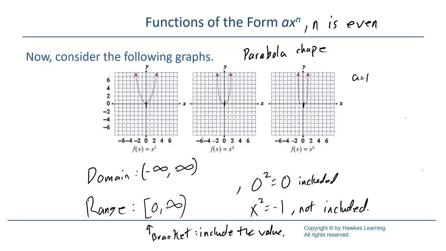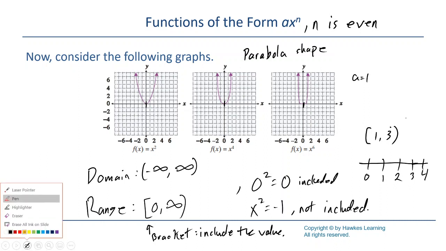If it was a number, let's just say we had 1 that was bracketed and then 3 that was a parenthesis. If we drew a number line, so we'll do 0, 1, 2, 3, 4, just so we have some room, I'll use a different color. 1 is included, so this is what you would think of as the filled-in dot.